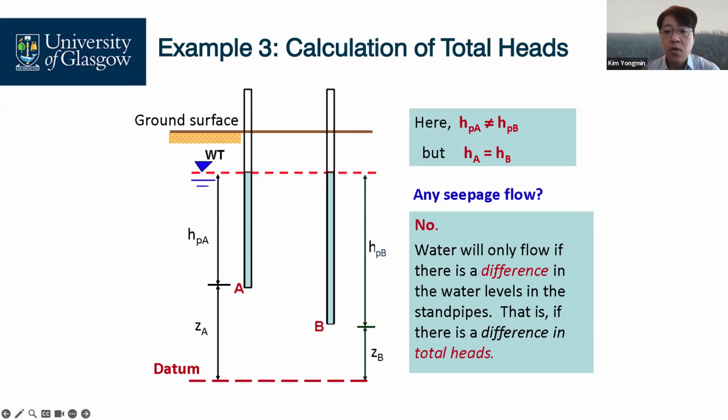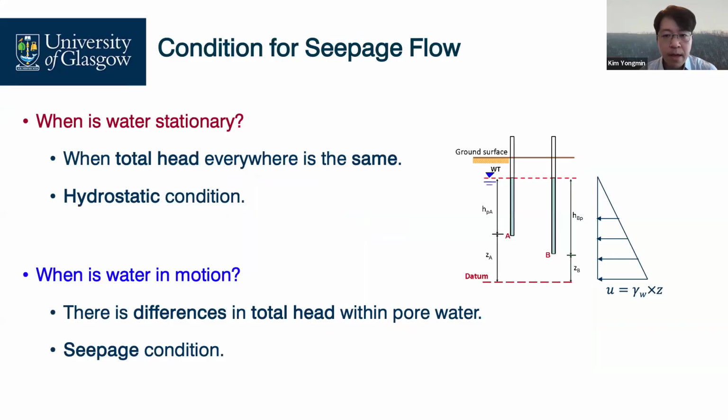In such a case, water would not flow, because there's no head loss. Head loss is 0 divided by this length, always 0. So when is water stationary?